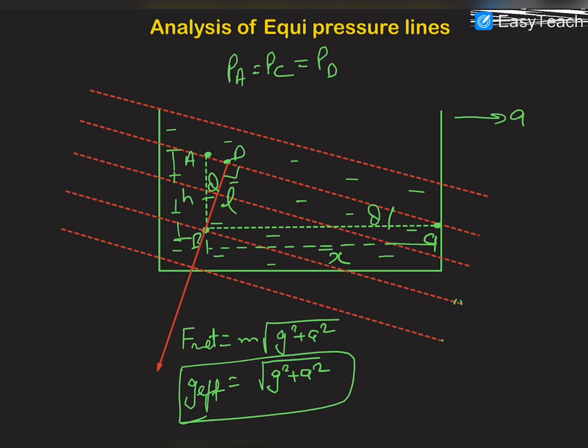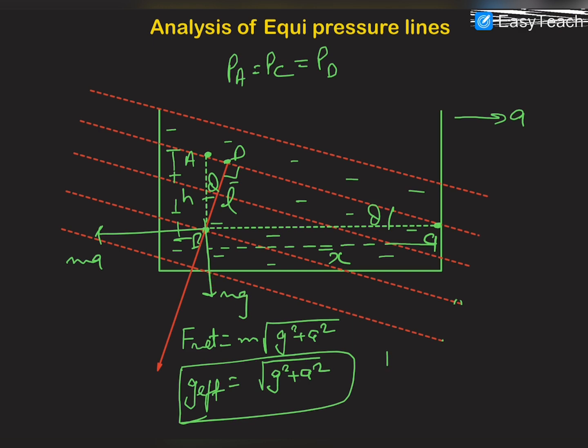You should always remember that while coming from A to B, you are moving only in the vertical direction. In the vertical direction, the only force acting is mg, and in the horizontal direction, the force acting is ma. In this direction, the force acting is F net, the resultant of these two. So when we write the pressure of B by moving vertically downwards from A to B, we have to consider the vertical height h and the vertical acceleration g only.